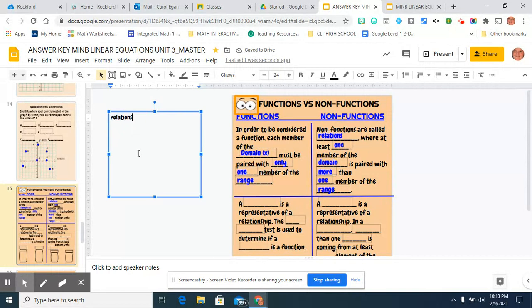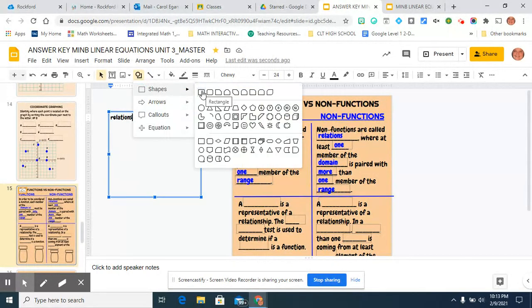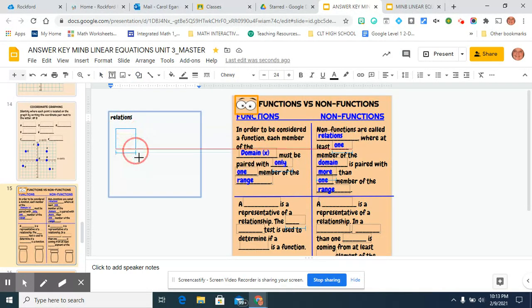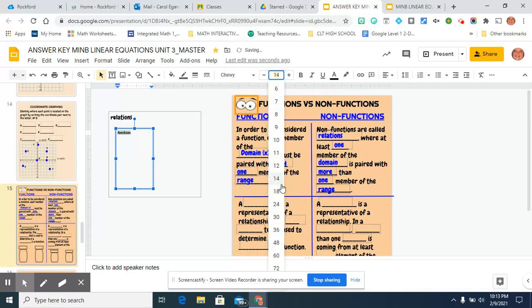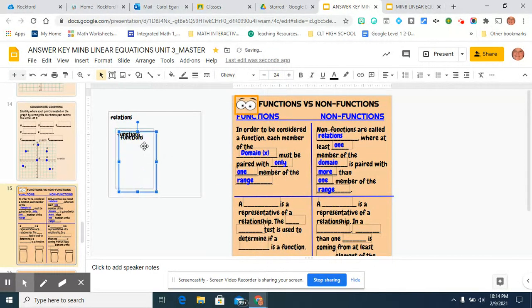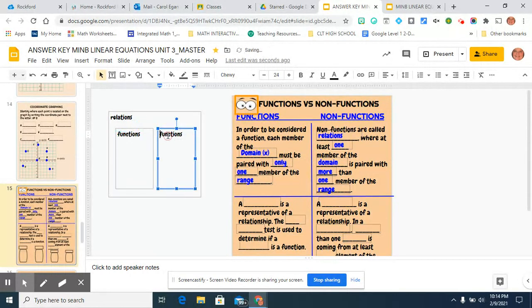And then inside of relations, we have functions, and we have non-functions.